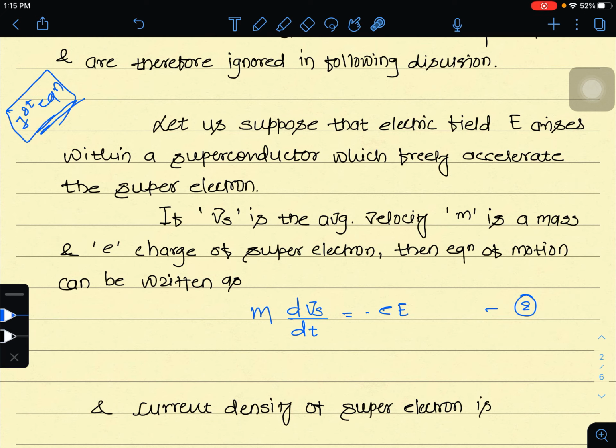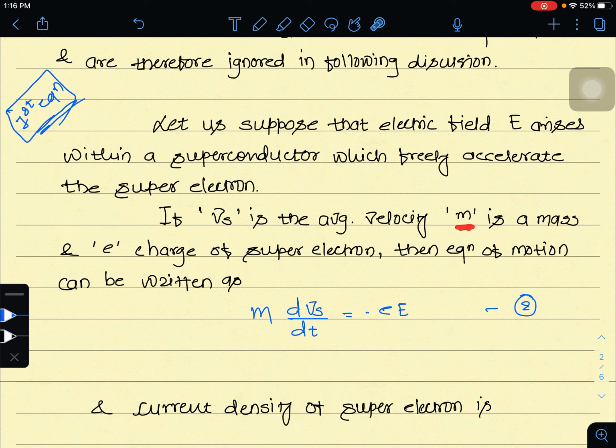Let v mean velocity, and the suffix s is nothing but the super electrons. That means Vs is the average velocity of free moving super electrons.